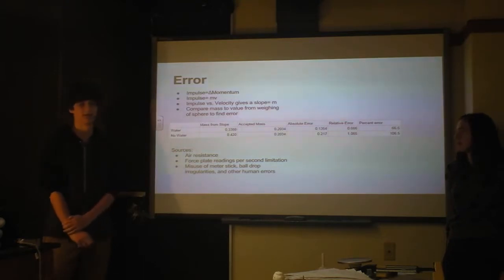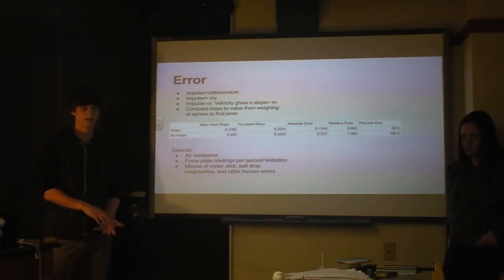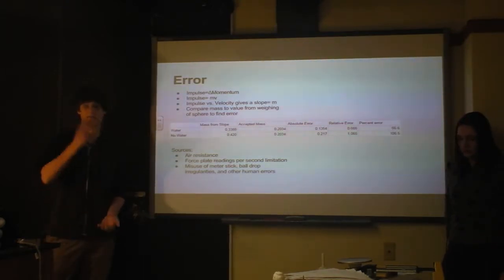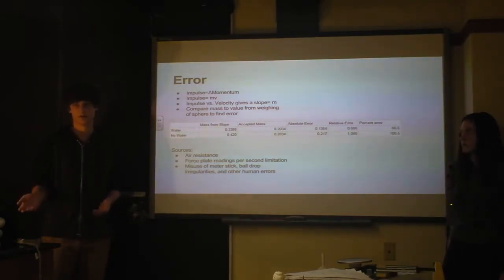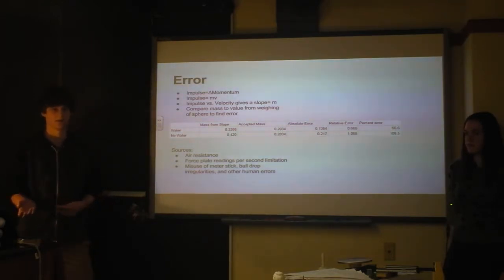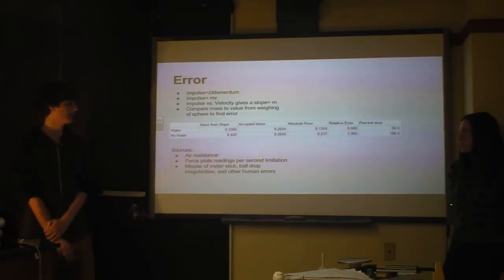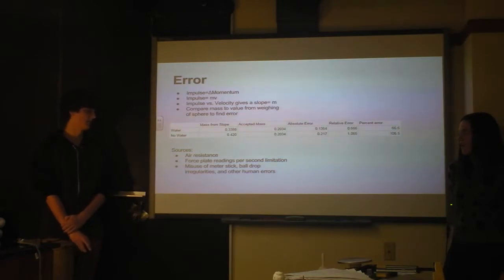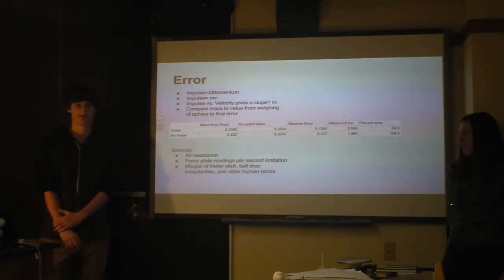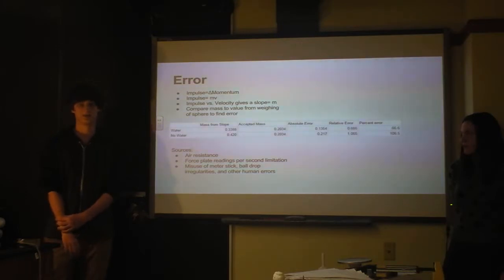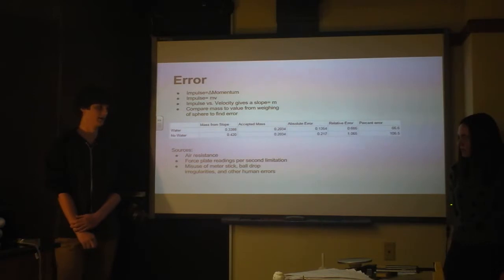This made sense because the impact on the force plate happened in a much smaller window of time, and so the force plate didn't have as much time to record data, if that makes sense. There was also error from air resistance because we didn't factor that into how fast the ball was going when it impacted.